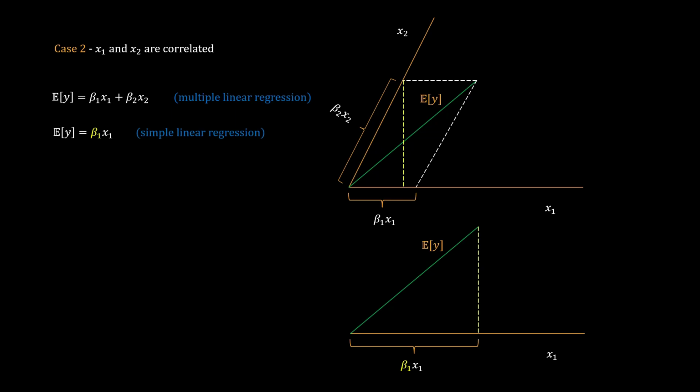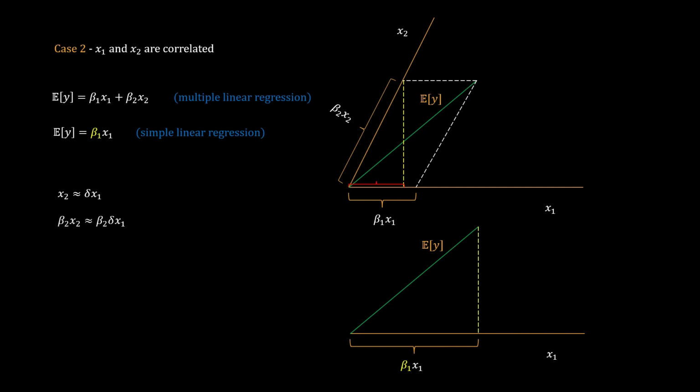And this part is given by the projection of beta 2 times x2 on the x1 vector. Now we can find this by regressing x2 on x1. So let's say we regressed x2 on x1 and we found that the projection of x2 on x1 is delta.